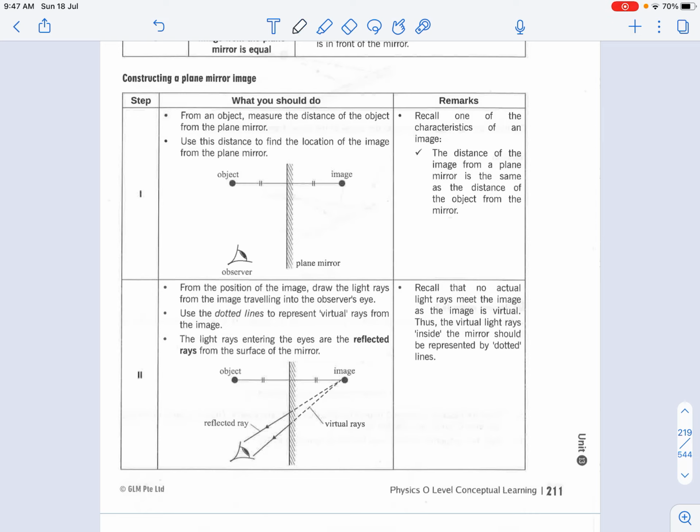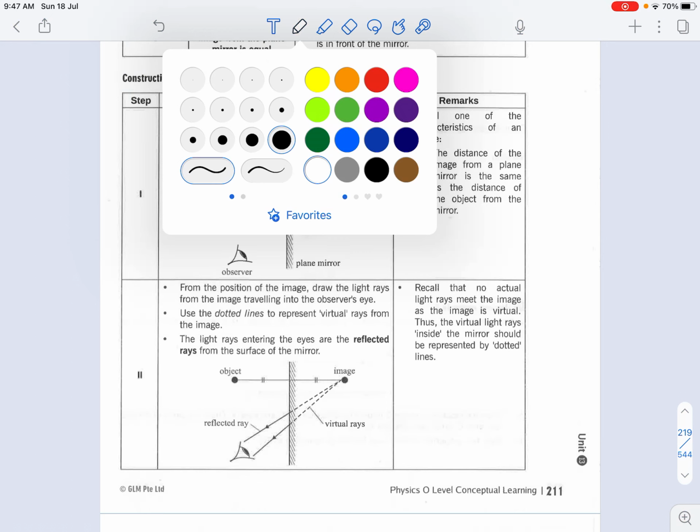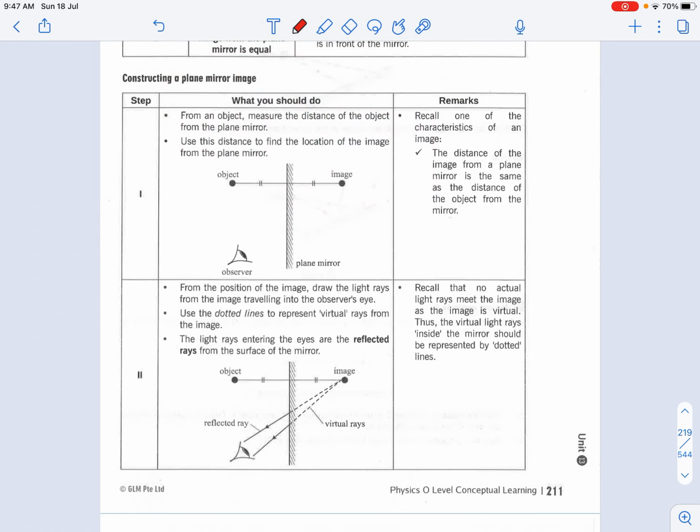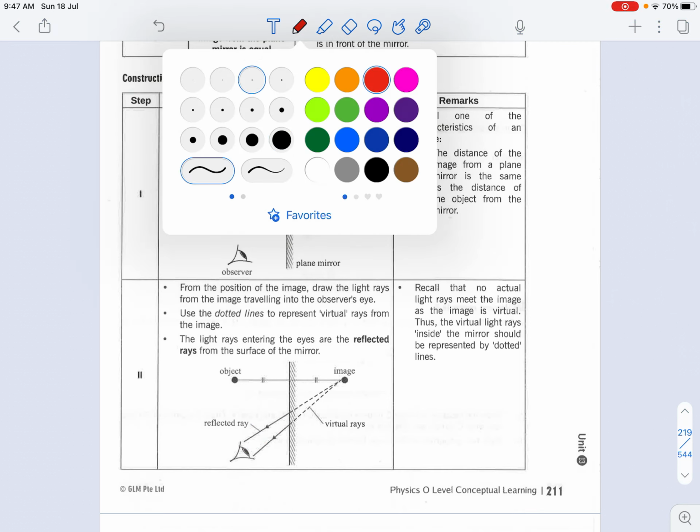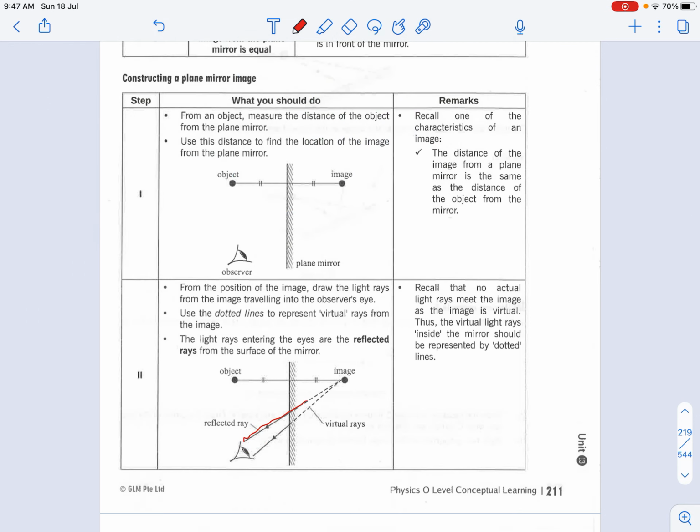Then after that, what you do next, if you look at the second image, is you draw two straight lines from the ends of the eye to the image. So this is the thing to take note of.